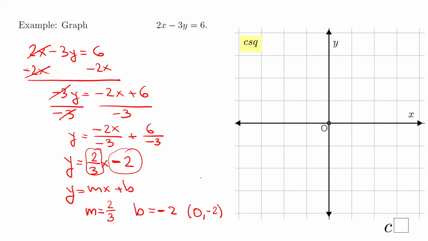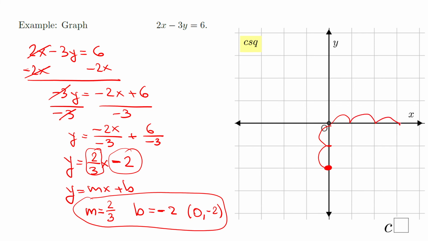And now I can graph it. The first point I'm going to do is the y-intercept, 0, -2. And then I'm going to use the slope, 2/3. The rise is 2. The run is 3. And I do have now the graph of this equation.